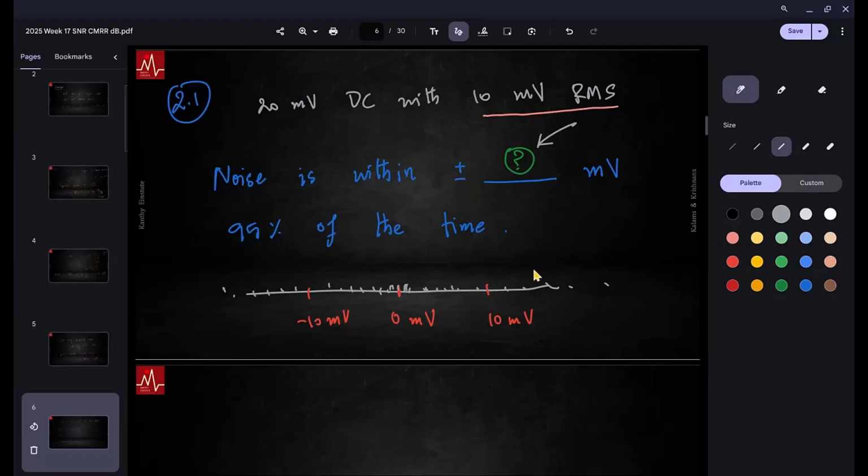What we want is that 95% of the time it is within this. 0.5 is too small, no? Noise oscillates in this range. Where is this 2 and 0.5 coming from, by the way? 0.576.